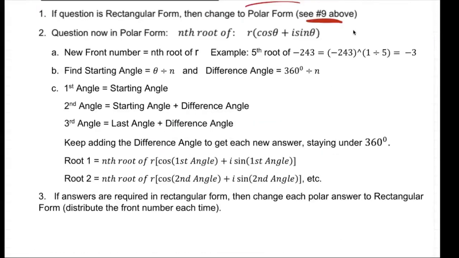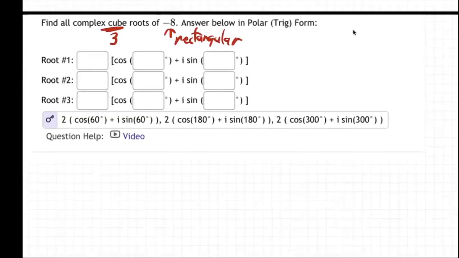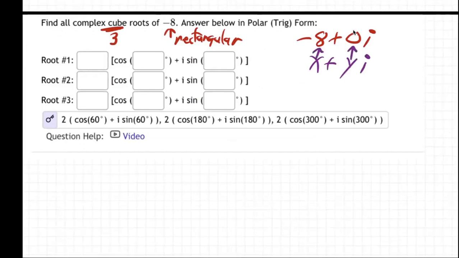So that means we've got to write this complex number as -8 plus 0i. Do you see what I did there? That's x plus yi. The -8 is the x, the y is 0.